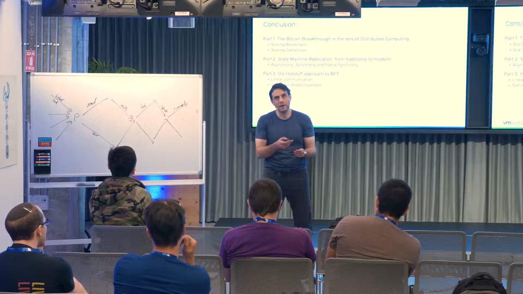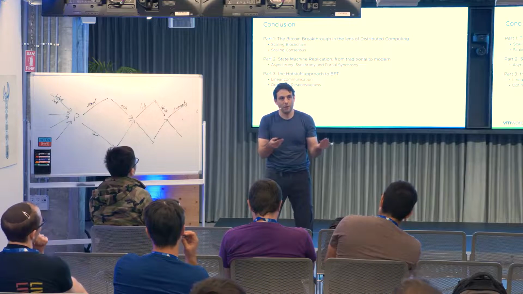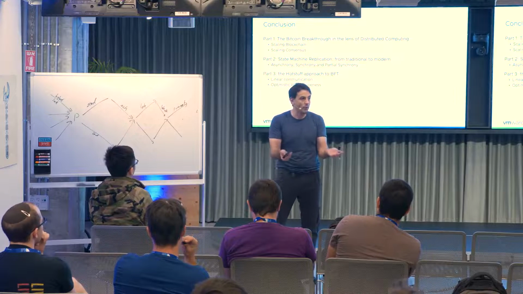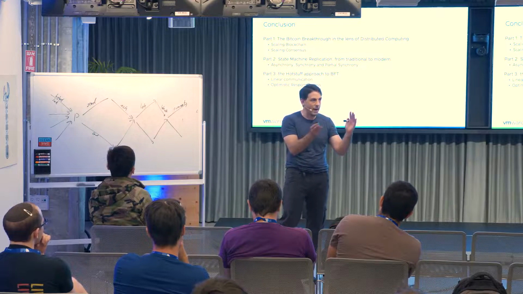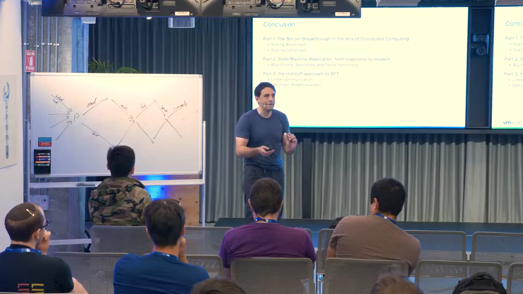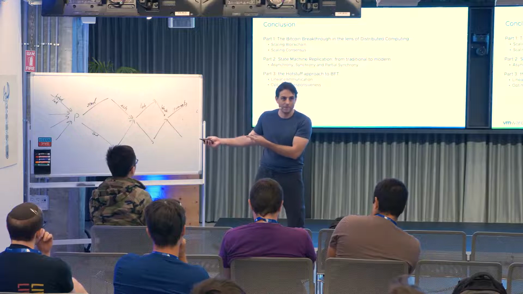We then talked about the state machine replication approach, and we went over the older history and also the new modern approaches, and split it into the asynchronous protocol, synchronous, and partial synchrony. And finally, we did a very brief overview of what these HotStuff protocols look like.